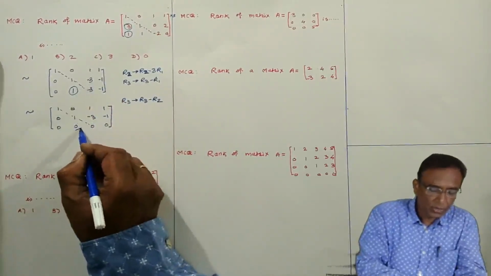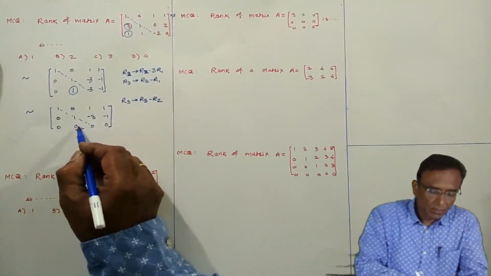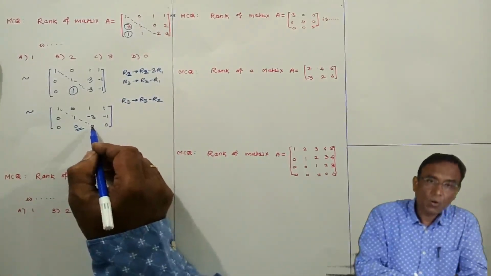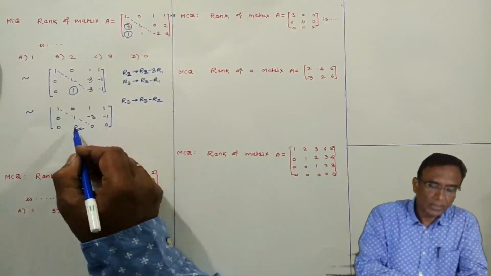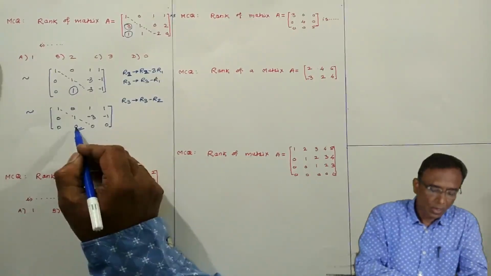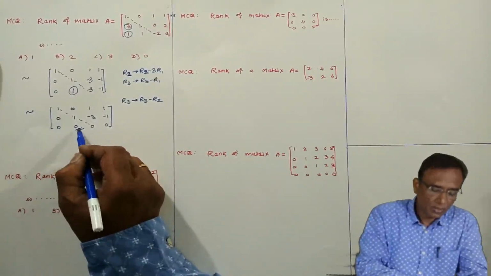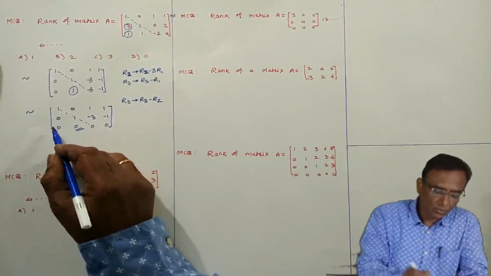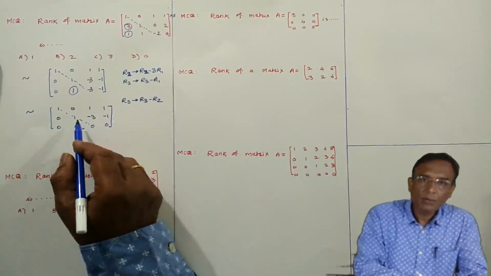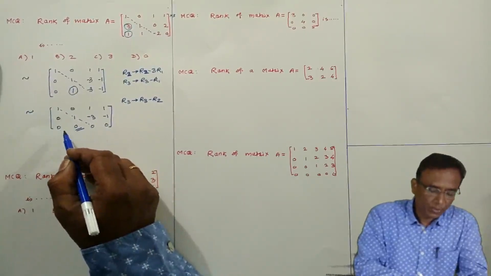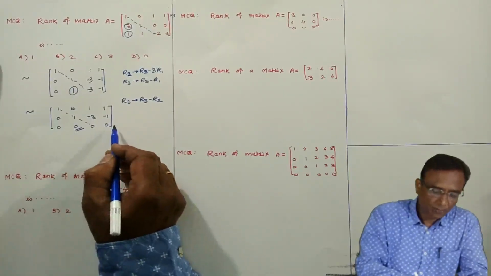I wanted to bring 0 at this place, but unwillingly, these zeros have also appeared here. Our intention is to bring 0 at these three places because these three are below-diagonal elements. Since we have all below-diagonal elements 0, we have to stop the procedure.